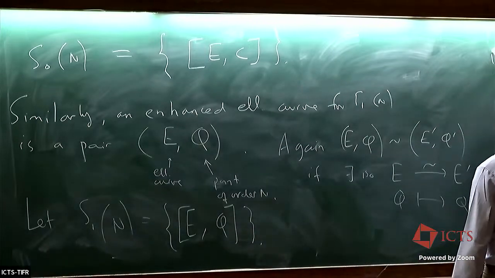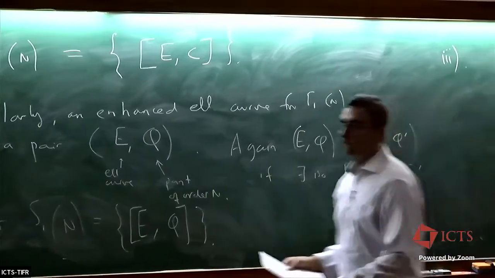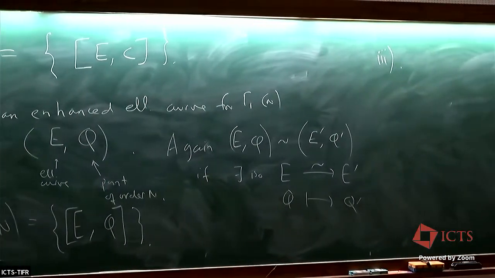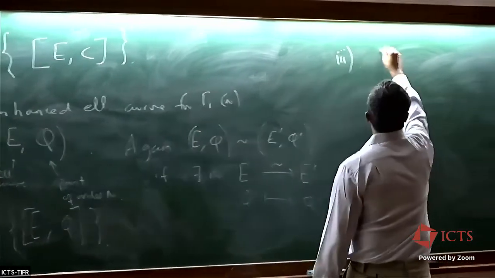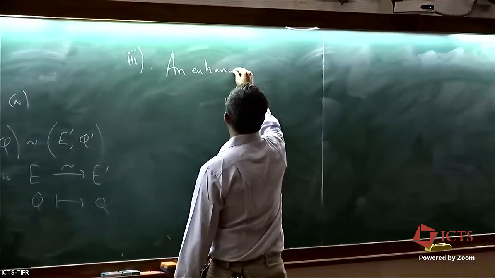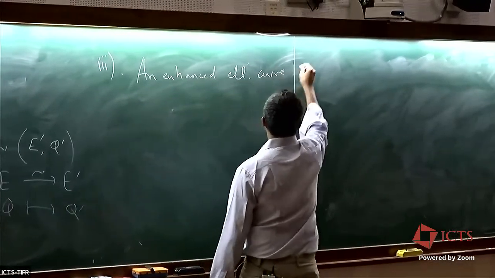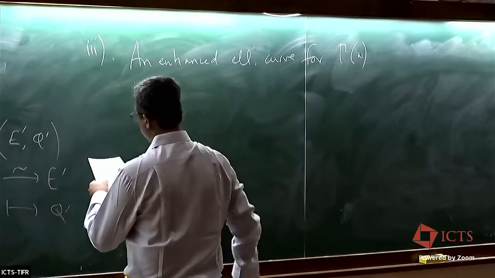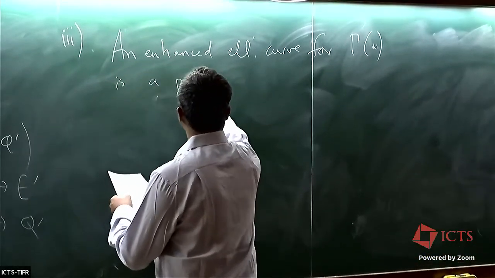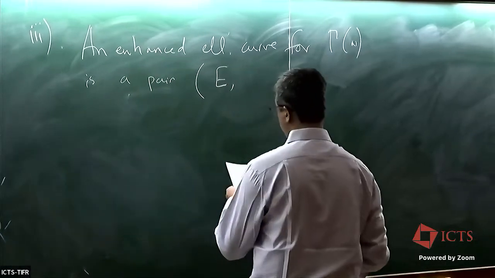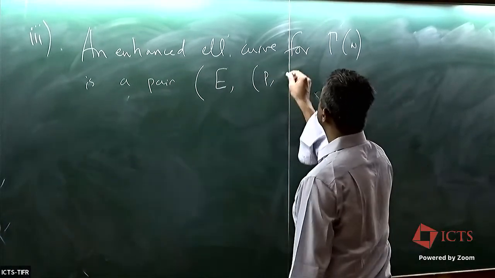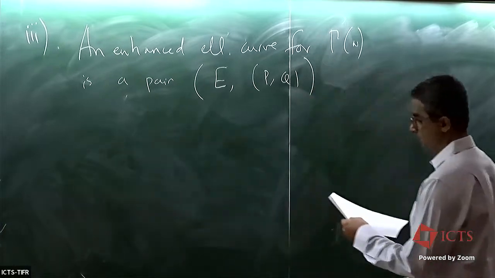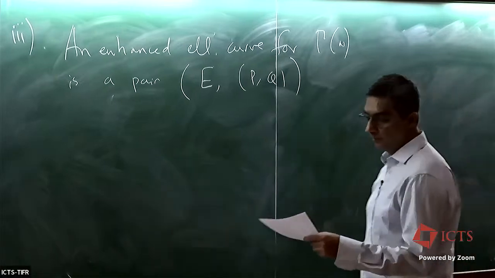Finally, a similar definition for Gamma N is a pair, an elliptic curve, and this time the second coordinate itself a pair, two points P, Q. I realize I'll need the Weil pairing, which I forgot to define.